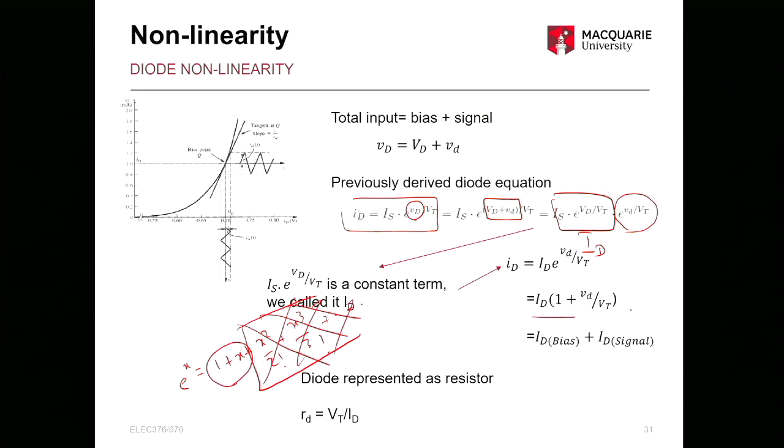So that's what we have done here before. That is the linear approximation. And there are some times when we cannot do the linear approximation, or even if you do the linear approximation, the harmonic components are still present there. Okay, so that's what we are studying here.